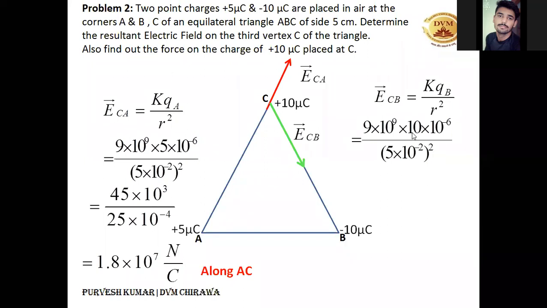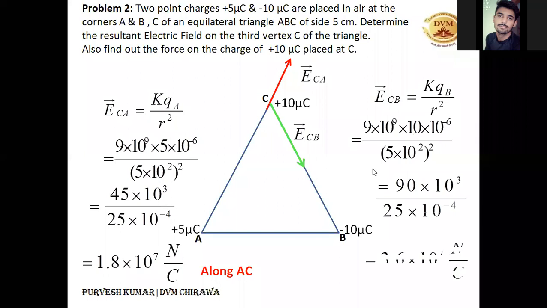Again I am telling you, we need not write the minus sign in the magnitude of QB, because the minus sign gives us the direction only, that is towards the negative charge. Solving it out, you will find 3.6 into 10 to the power 7 Newton per coulomb. So this is the electric field at point C because of the charge placed at B.